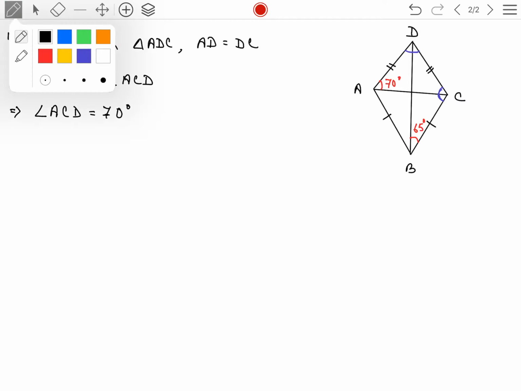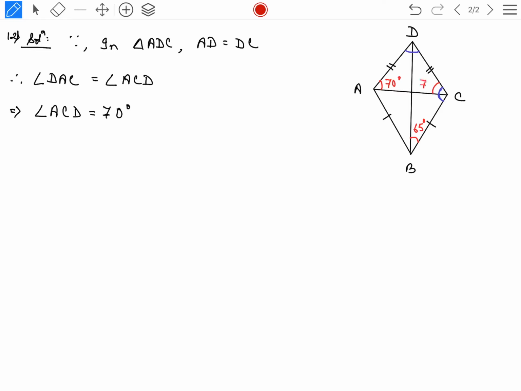Okay, that means this one, ACD, this angle it is how much? 70 degree. Okay, now we can find angle ADC. Yes or no? Now angle ADC plus angle DAC plus angle ACD equals 180 degree.